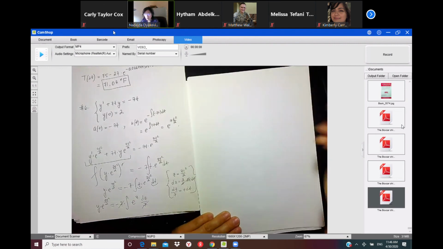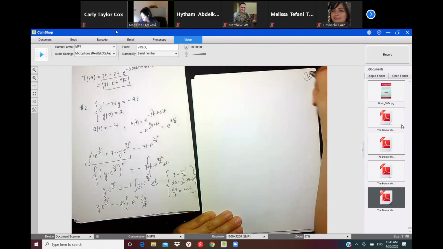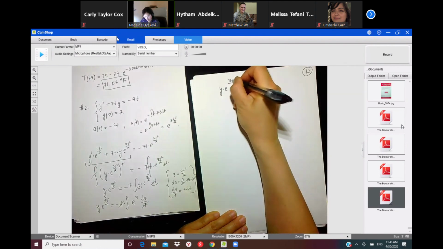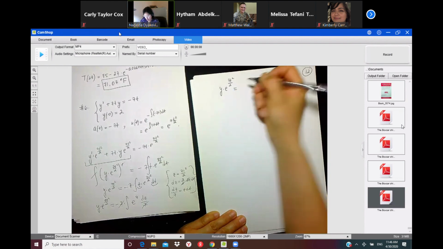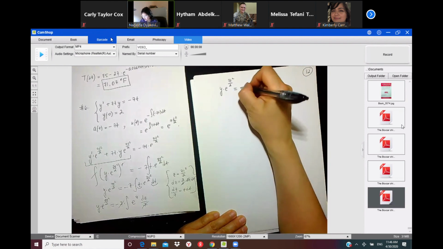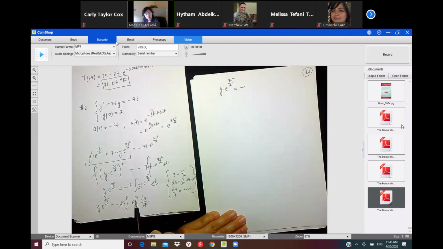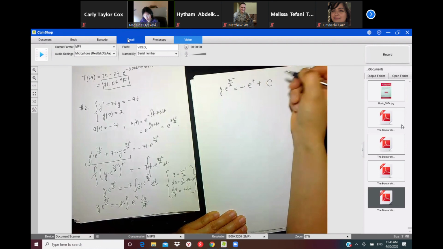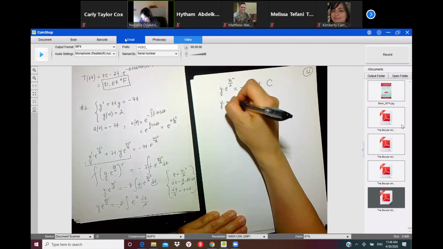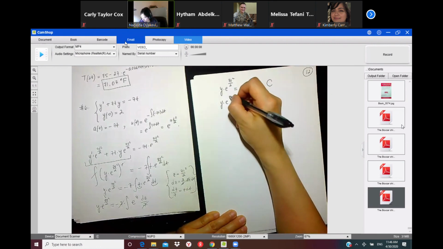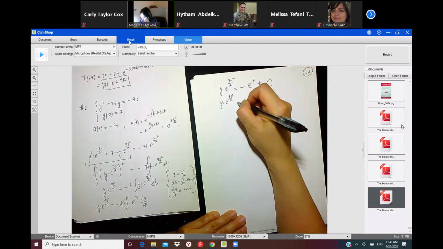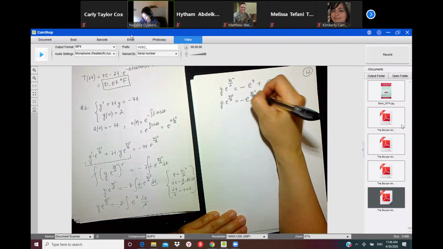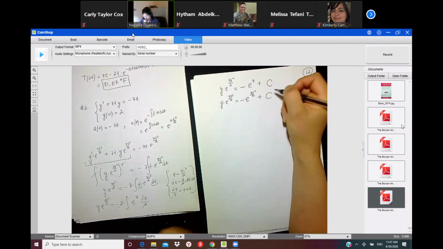And here, we have y times e to the 7t squared over 2, and on the right-hand side, we have negative e to the z plus c. And that means if you return back to the t variable, you get negative e to the 7t squared over 2 plus c.